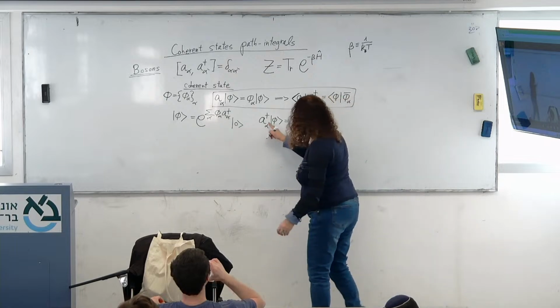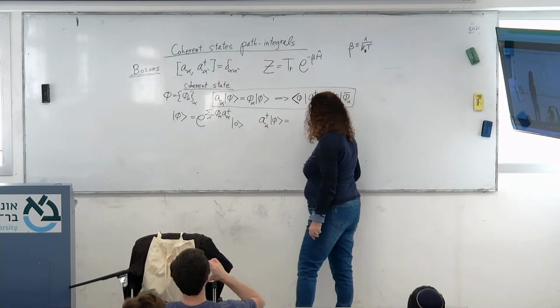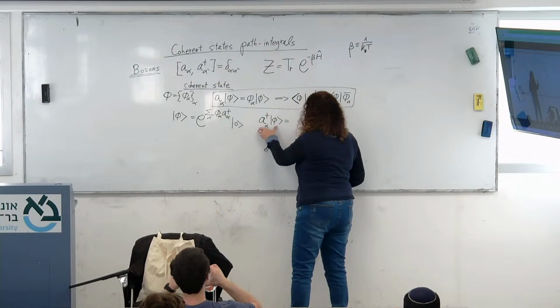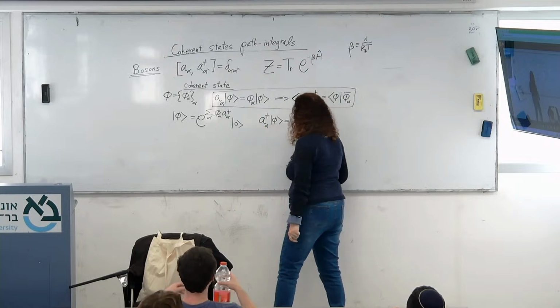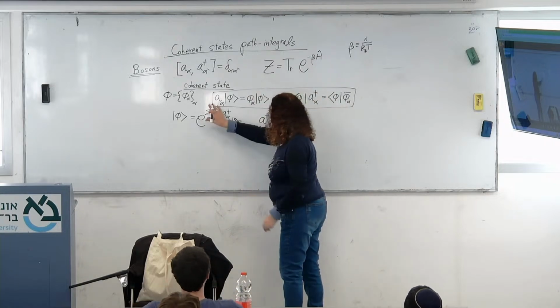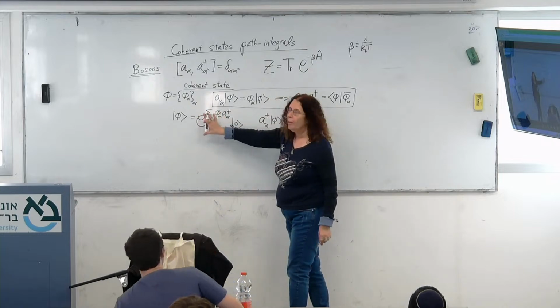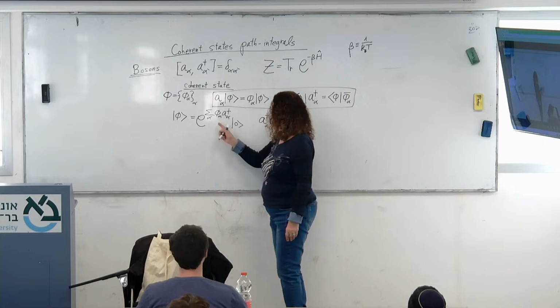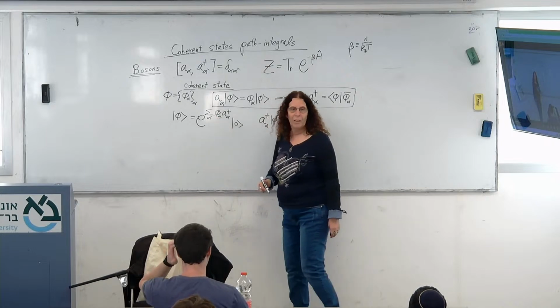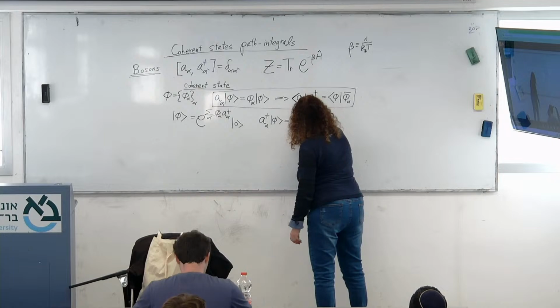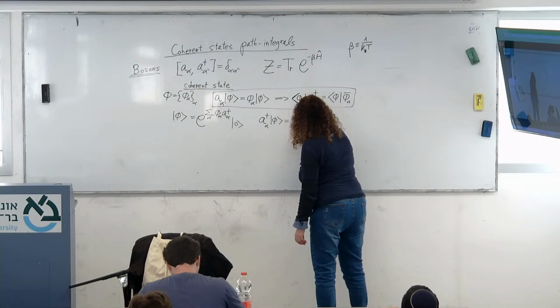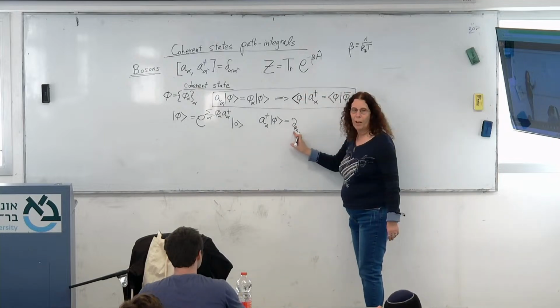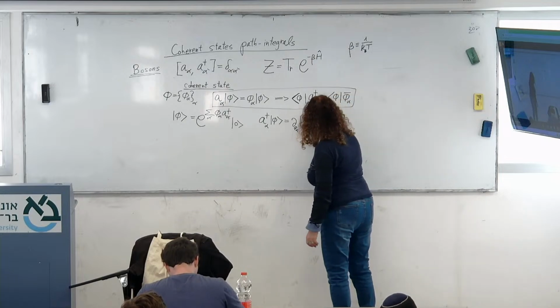But it is very easy to see that this is what you get if you take the explicit definition of phi and apply a derivative with respect to phi alpha.